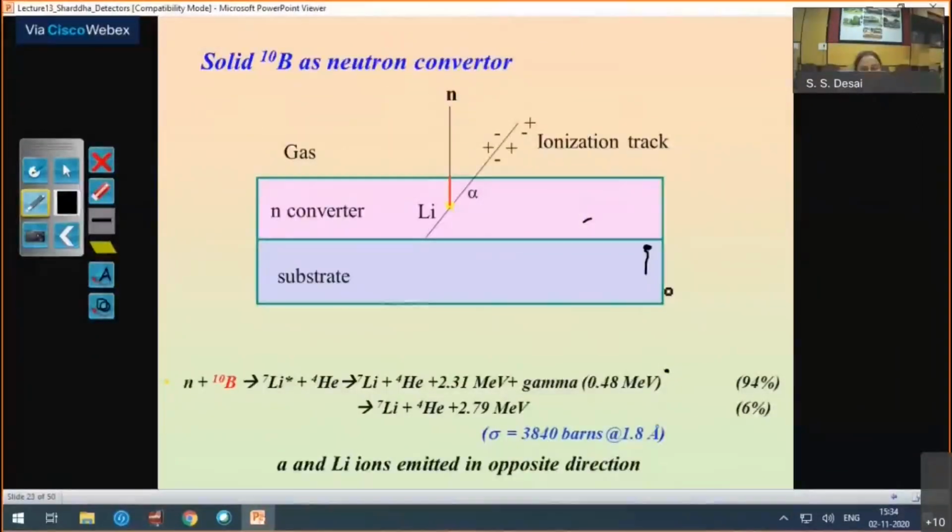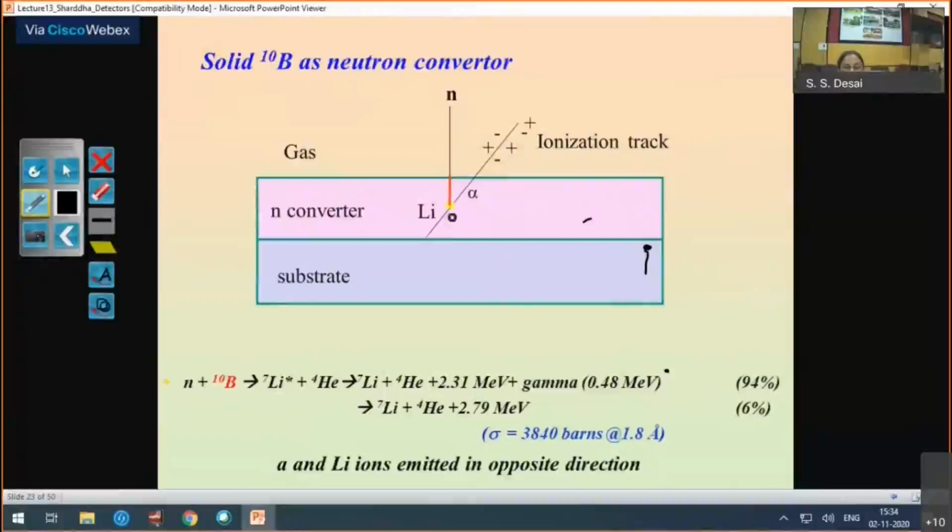So again, what we saw was the gaseous form of boron, but now we have a boron coating on a substrate, and the reaction takes place in the solid converter. When you have a boron layer, a neutron interaction takes place and a lithium and alpha particle are released. They travel through the solid as well as entering the gas medium. We have a cylinder whose inner side is coated with boron 10.